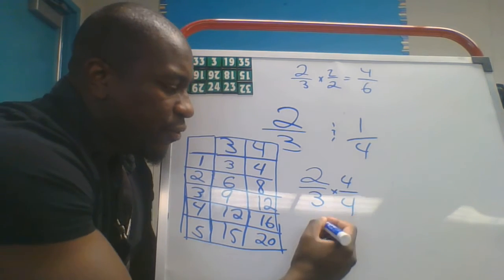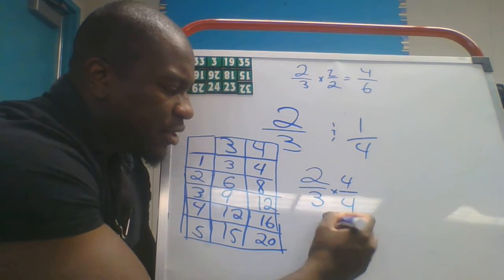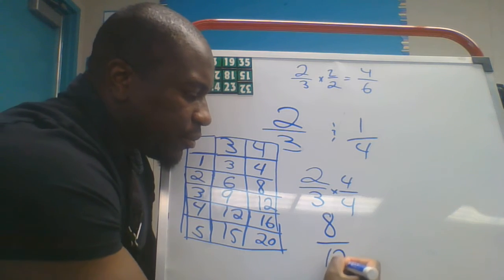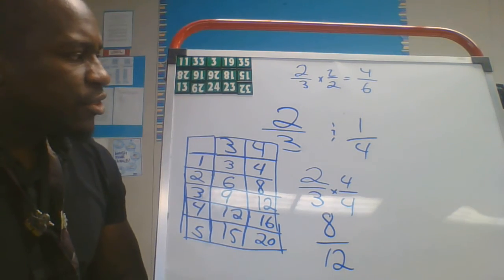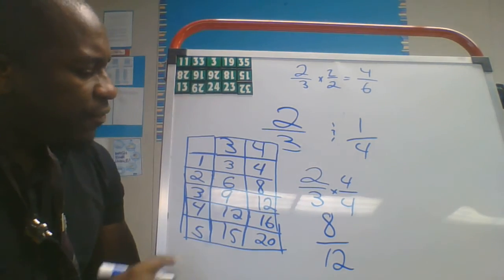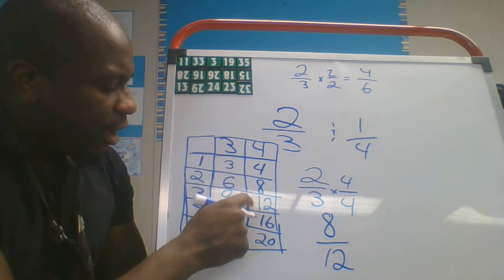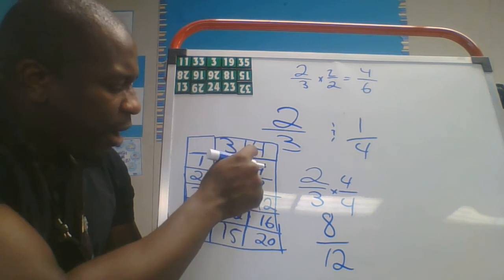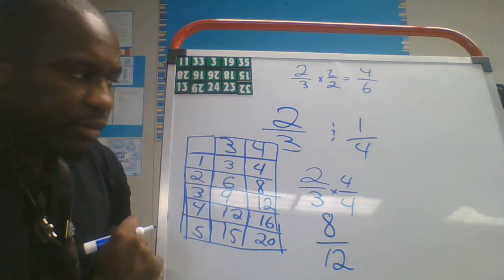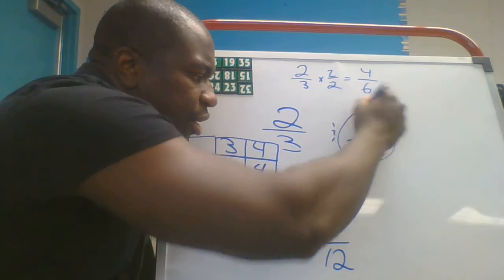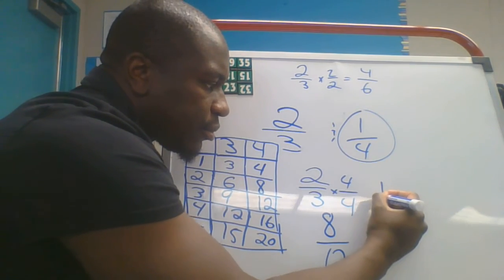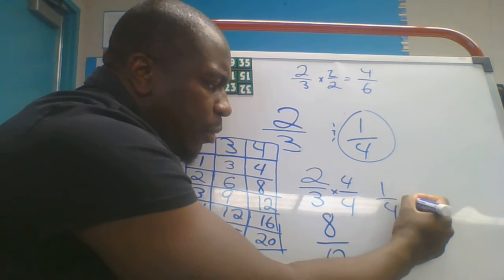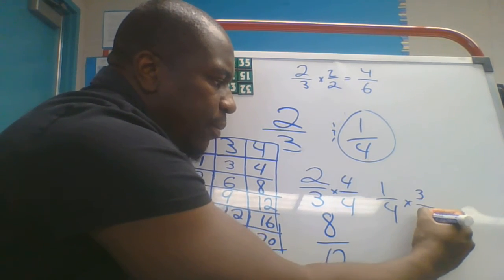So 2 times 4 is 8. 3 times 4 is 12. Okay? So here, let's look at 4. So 4, 8, 12. In order to get to 12, we have to multiply our 4 by 3. So I'm going to take this fraction here, 1/4, and I'm going to multiply it by 3 over 3.